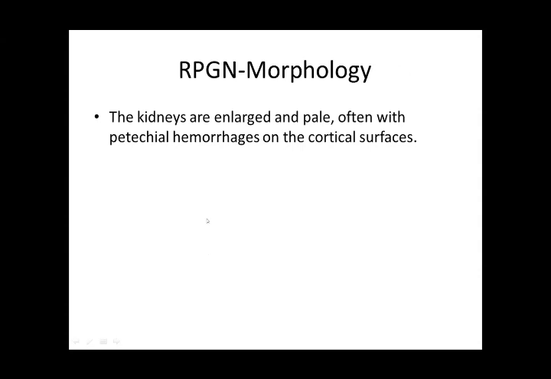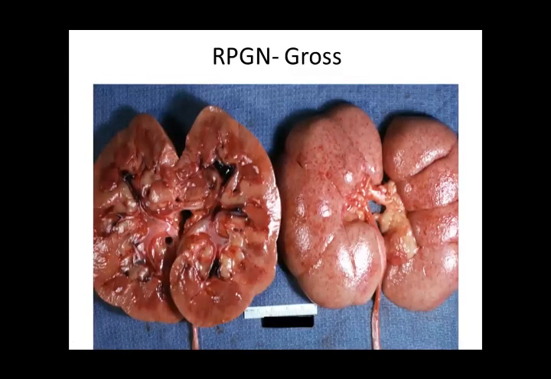So what does the kidney look like, in gross and under the microscope, in rapidly progressive glomerulonephritis? They become larger, they are inflamed. All inflamed organs are larger. They have petechial hemorrhages on the cortical surfaces. They are larger than normal, and there are a lot of petechiae on the surface.